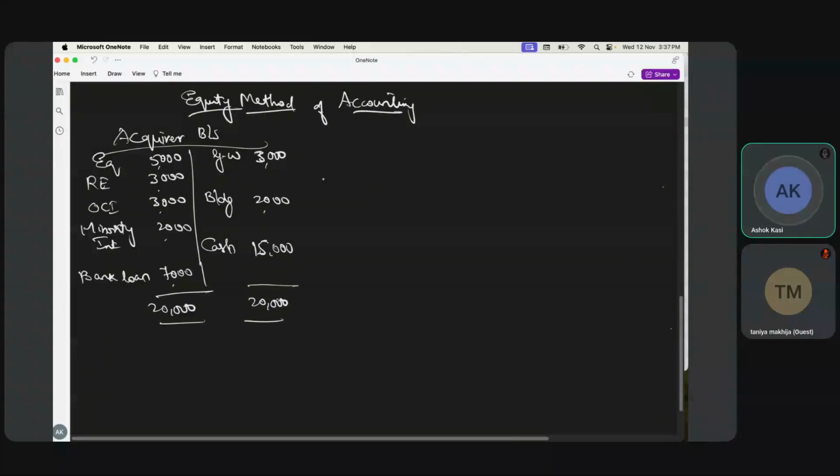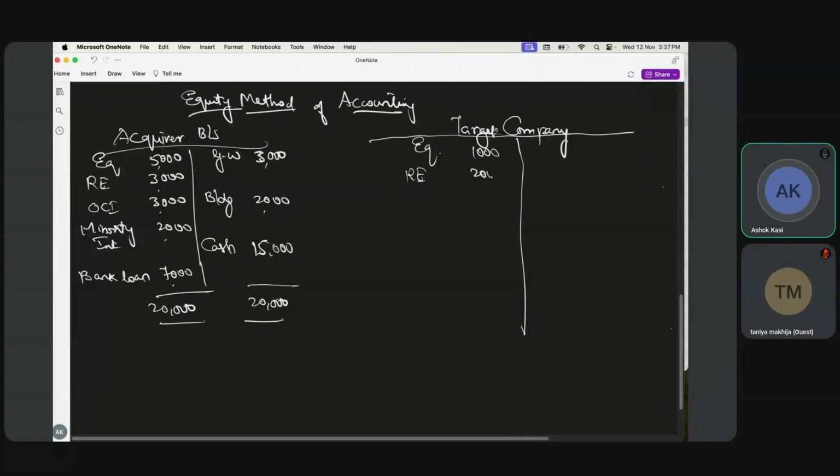Then the target company. Equity, retained earnings 2,000. Then OCI 1,000. Bank loan 6,000.